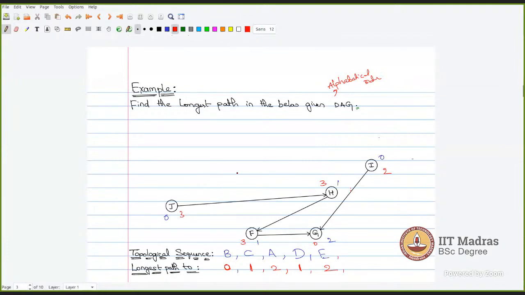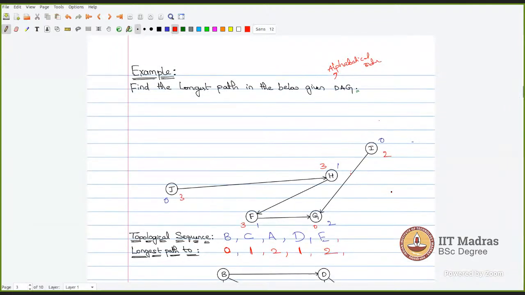We remove E. Now we have I and J with us. So we remove I and add it to the topological sequence. The longest path to I is 2. When I remove I, this particular edge will be removed along with it. Now I have to update the in-degree of vertex G and the longest path to vertex G. Initially the in-degree is 2, so reduce by 1, it becomes 1.